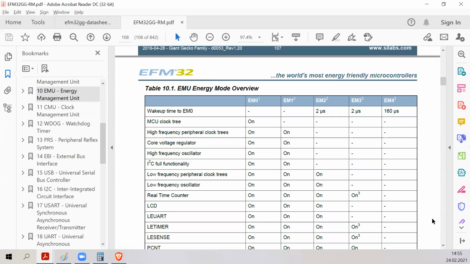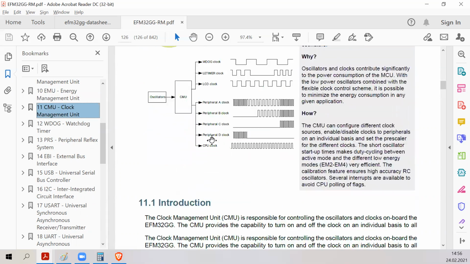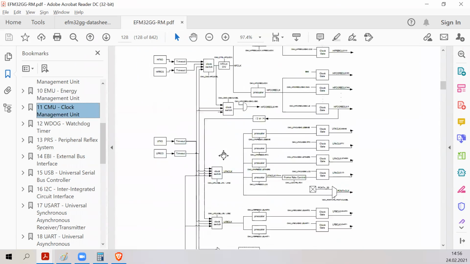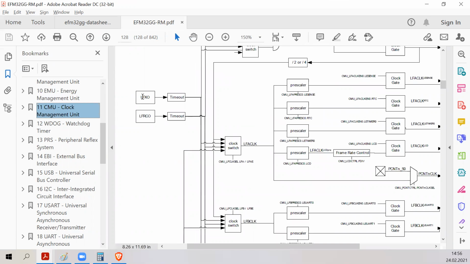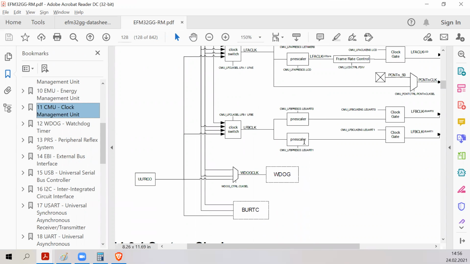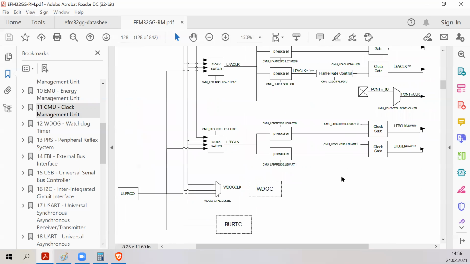And here's the thing, in energy mode 3, the low frequency crystal is switched off. So in this clock management unit, these low frequency RCO or low frequency crystal, they are switched off, but there is another clock which is ultra low frequency RCO, which runs at approximately 1 kilohertz. And if you have connected your peripherals to run from this clock, it's still running in energy mode 3.